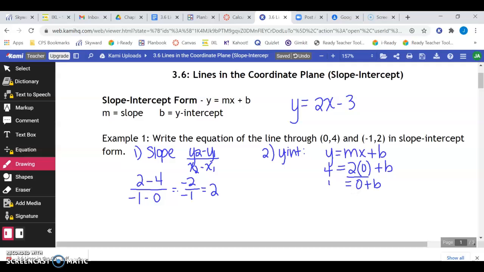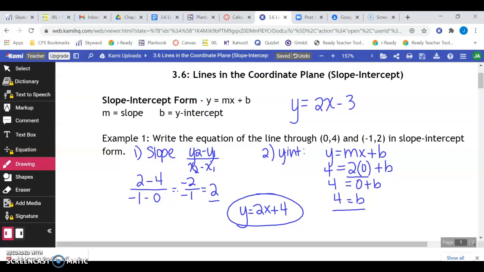So we have 0 plus b on that side, and we have 4 over here. 0 is worth nothing, so I can get rid of that. B would be 4. So I have my m and I have my b, so I can now write y equals 2x plus 4. So if that 4 came out to be negative, we would write -4 there in the equation, but it didn't.